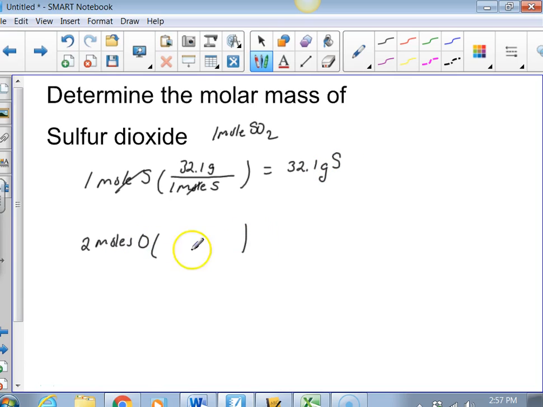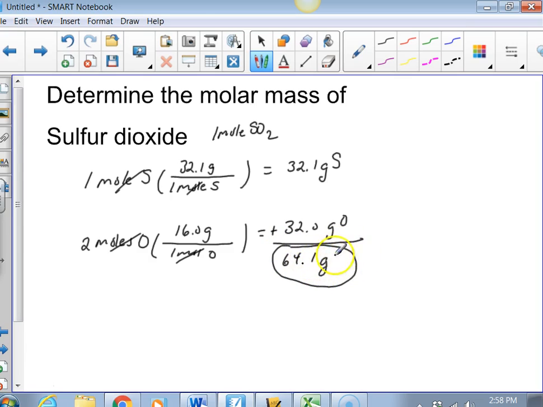And then for every 1 mole of oxygen, notice that we're always using 1 mole in these conversions, we're going to have 16 grams. That's going to give us 16 times 2 is 32 grams of oxygen. We then sum the two together to give 64.1 grams of SO2.